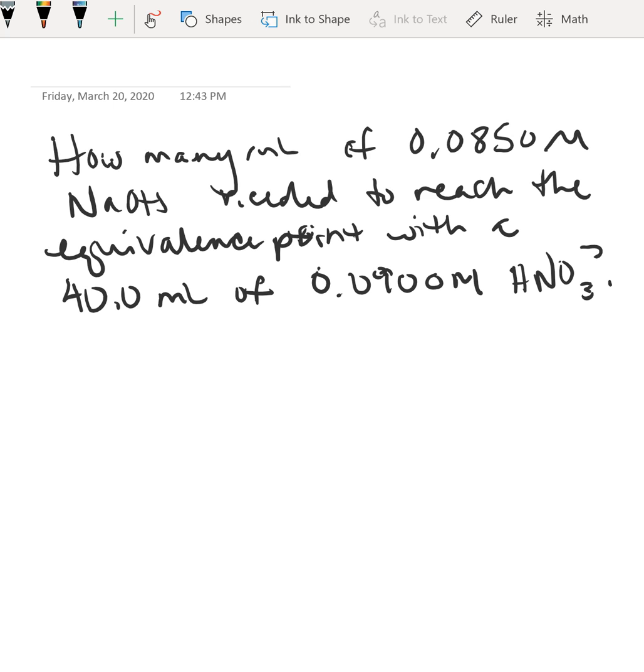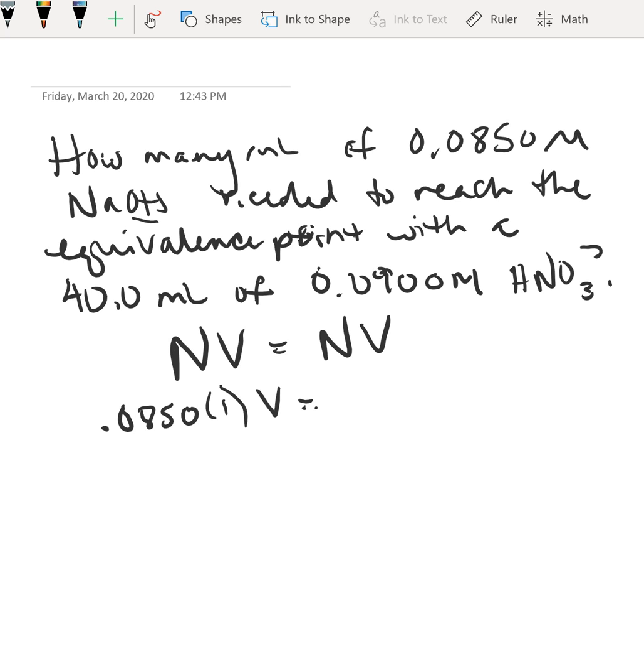Okay, so we know that we can use NB equals NV for everything, and normality is molarity times the number of H's or OH's. So in this case, for my NaOH, I have 0.0850 molar, and I have 1 OH, and I want to know the volume. And for my HNO3, I have 0.09, I have 1 H, and I have 40 milliliters.